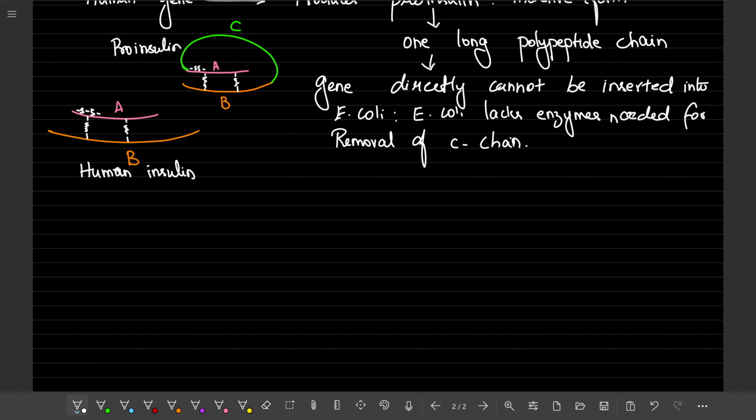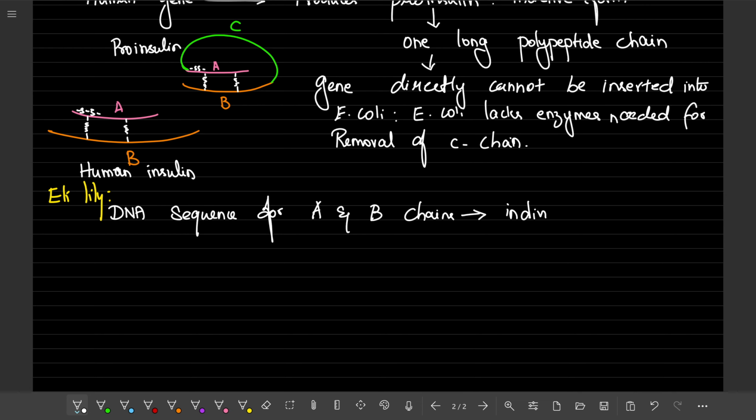Okay. So now what did Eli Lilly do? How do you think they produced this insulin in E. coli? So what they did was, this was done by Eli Lilly. Please listen. The DNA sequence for A and B chains, they were individually chemically synthesized.